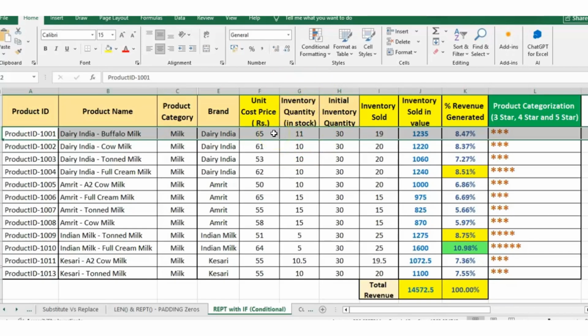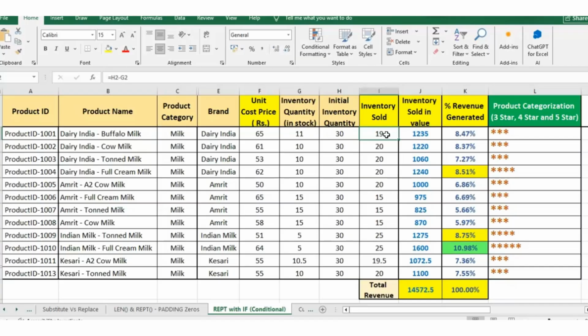So how much inventory is sold? It is 30 minus 11, which is 19.